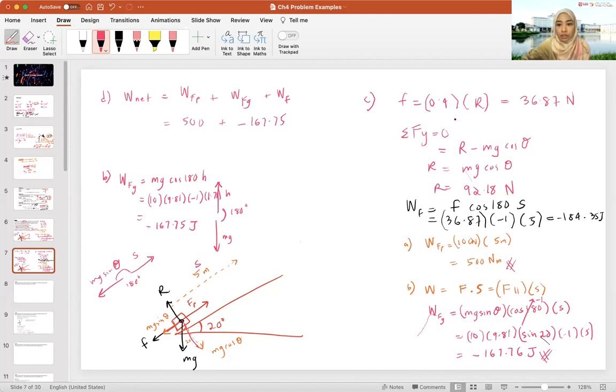And then work done by friction is minus 184.35 joules. So the net work here is 500 minus 167.75 minus 184.35. So 500 minus that, I would get 147.9 joules.